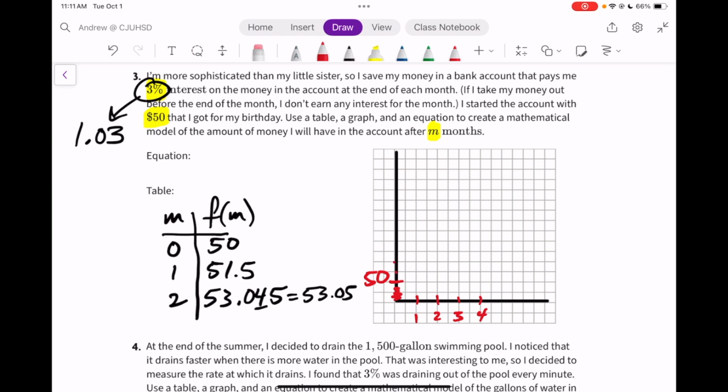So 1, 2, 3, 4, there's $51. 1, 2, 3, 4, $52, and 1, 2, 3, 4, $53. So our dots will go, we're going to start at 50. 1 will be 51.5. And 2 will be 53.045, so just a little past 53.